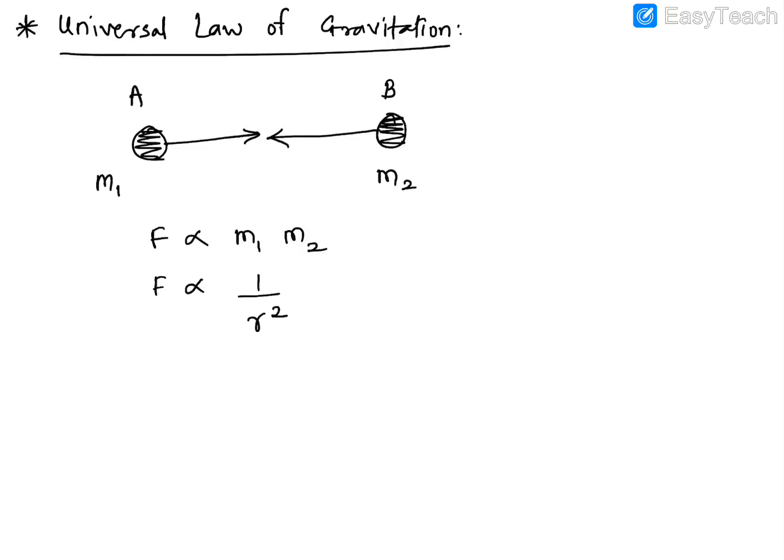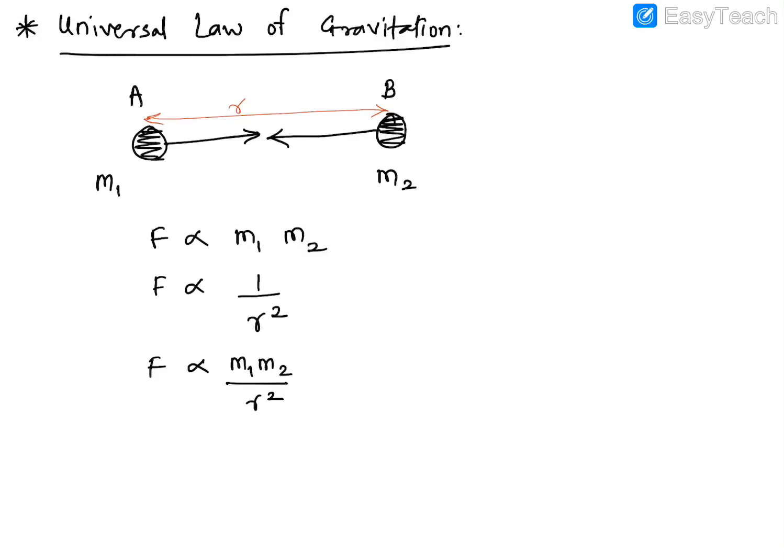Okay, so what is R? R is basically the distance from the center of body A to the center of body B. So that distance is called the distance of separation, R. Now if you combine these two relations, we get F is proportional to m1 m2 upon R squared.